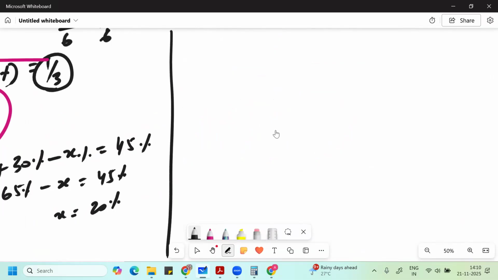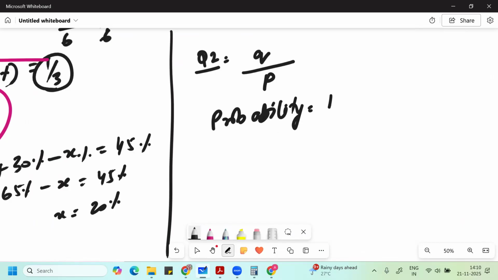So the question is like this, question number two. Odds against favor is Q by P, and the formula of probability is P by P plus Q. I think everyone knows this formula. So this is odds against favor.